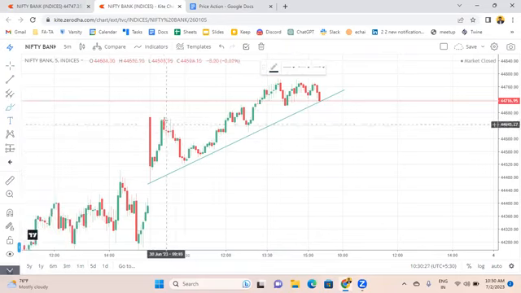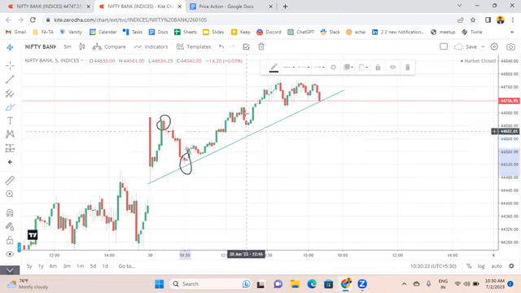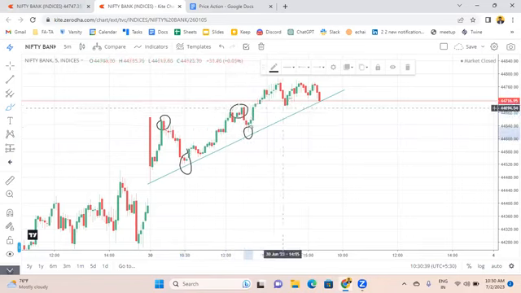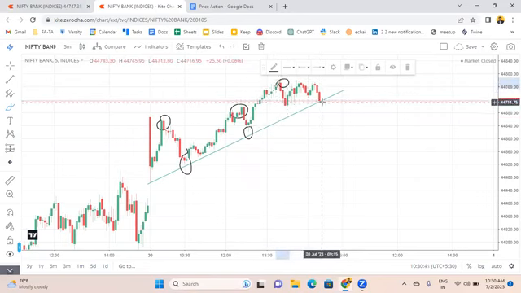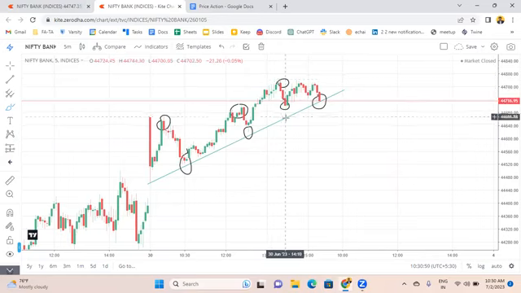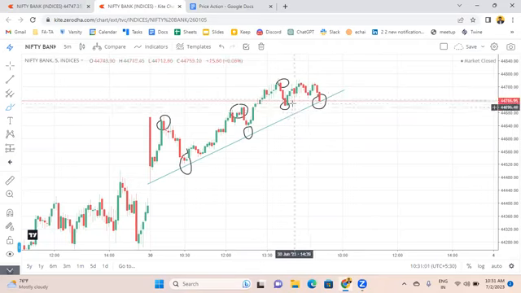See, this is the new higher high, higher low, then higher high, higher low, higher high, higher low, and here is the end of the uptrend, because this higher high has not created a new higher high over here, but has basically broken this level. So now my prediction is the market will form an M pattern over here, something like a double top, and it will reverse down in the downtrend direction.